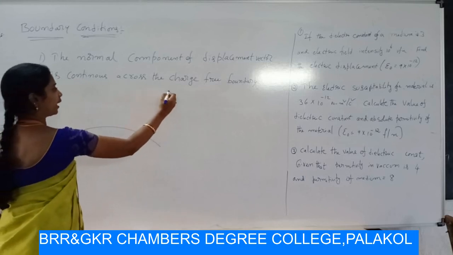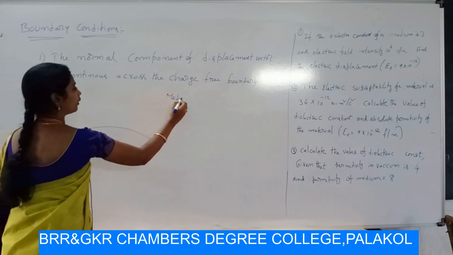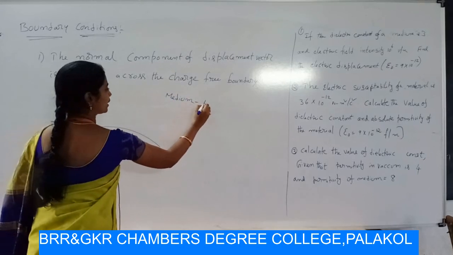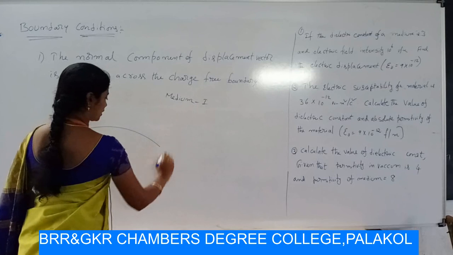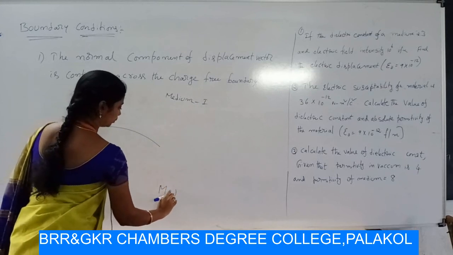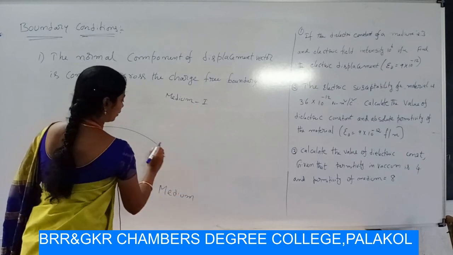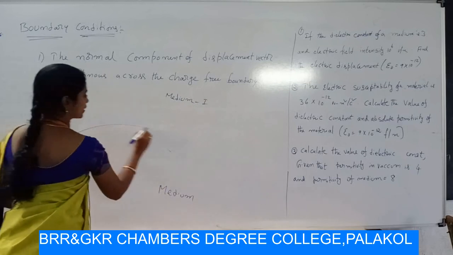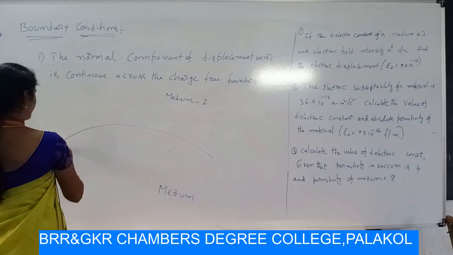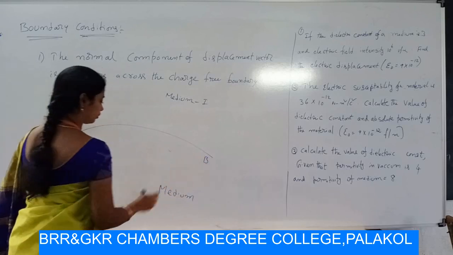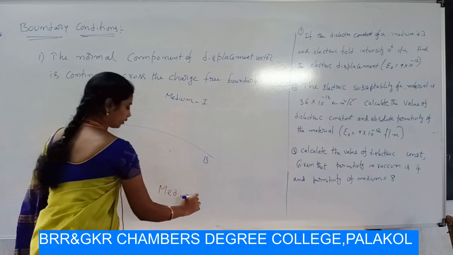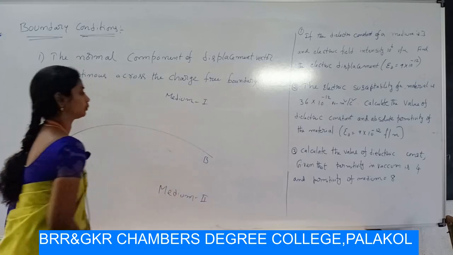Here this is a medium, then we draw a boundary line for this medium, which intersects the medium into two parts. Here the boundary line is considered as AB, and it separates the dielectric medium as medium 1 and medium 2.